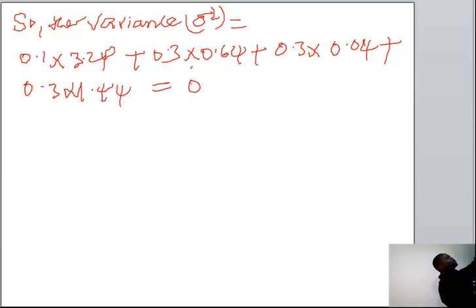So we have 0.96, which is our variance. Our variance is equal to 0.96.